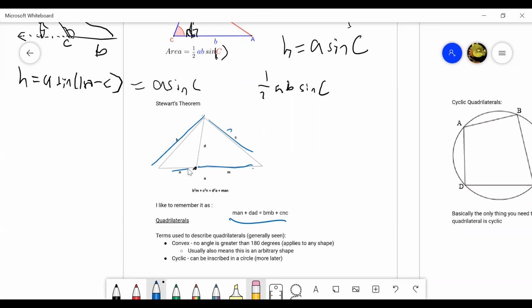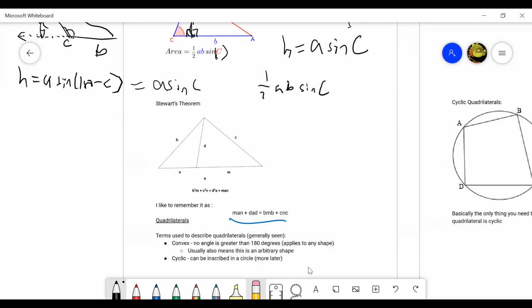And the other one is the cevian, the segment from the vertex to the side, times the opposite side, then again. Either way, it's kind of difficult to remember at first. But as you use it more, it will stick in your head.